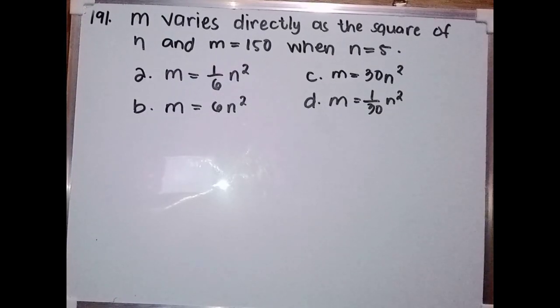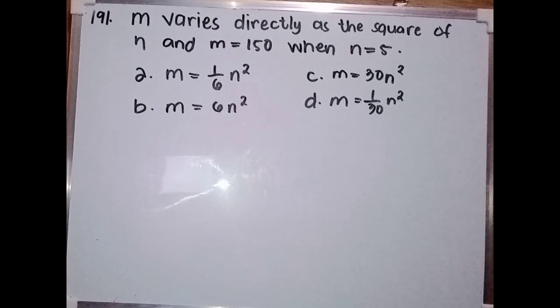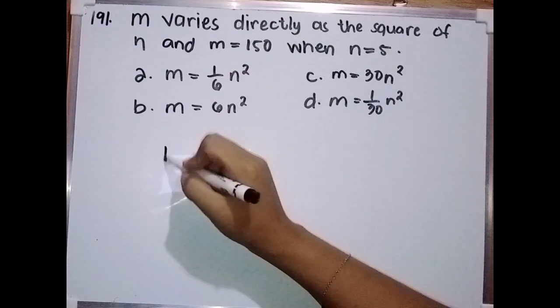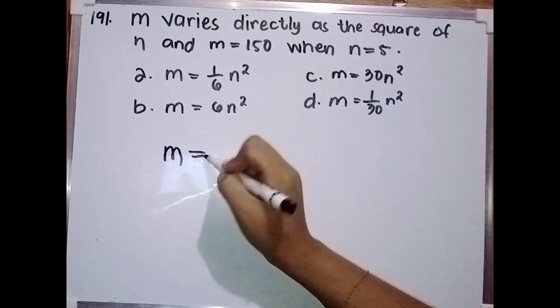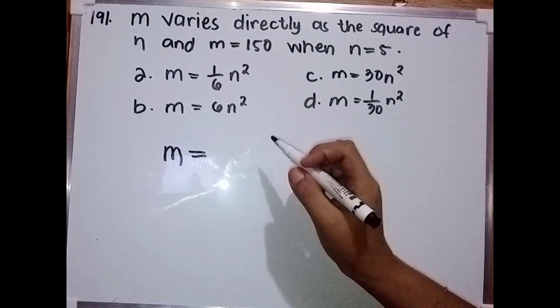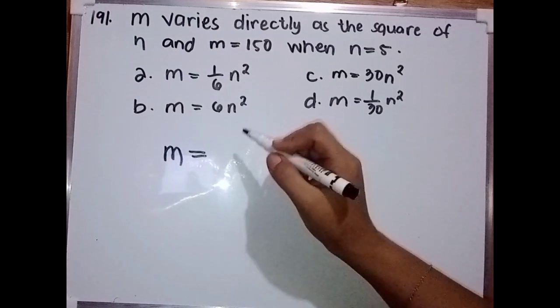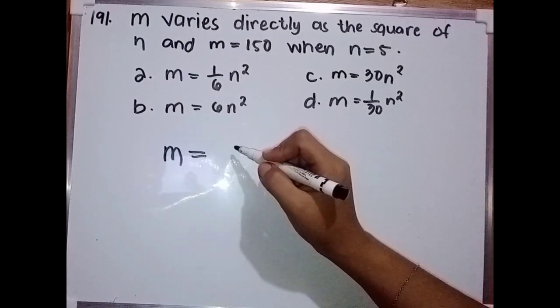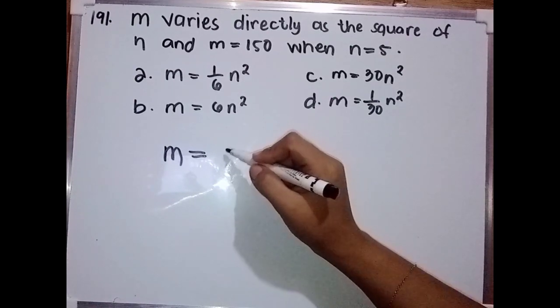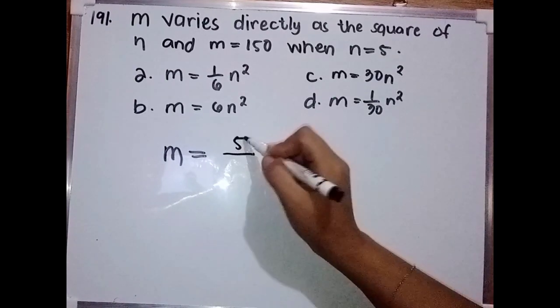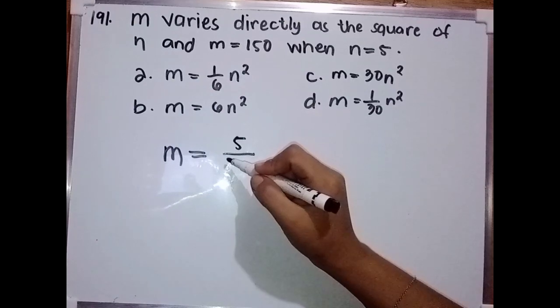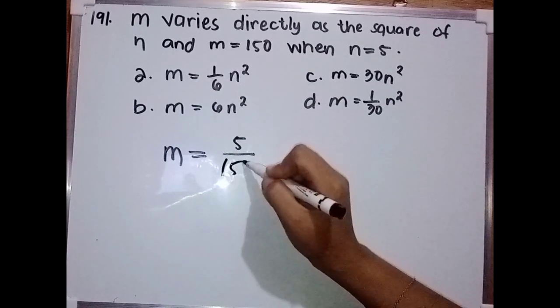Let's proceed to 191. m varies directly as the square of n, and m is equal to 150 when n is equal to 5. So our n is 5 and our m is 150.